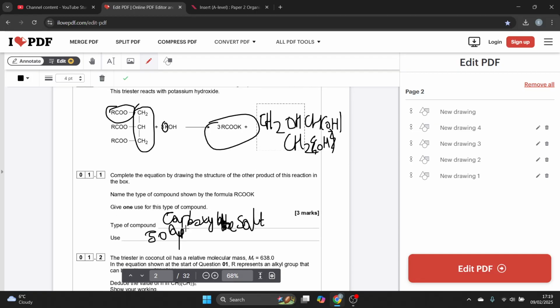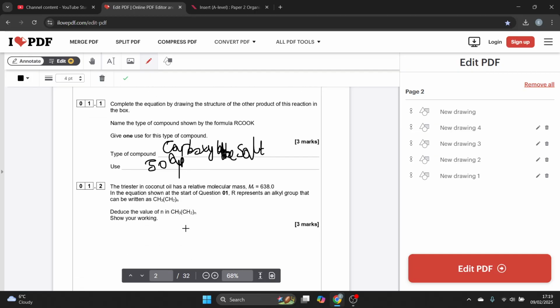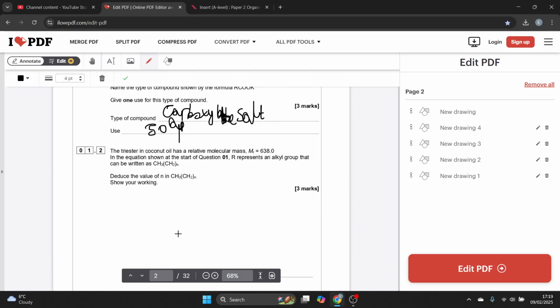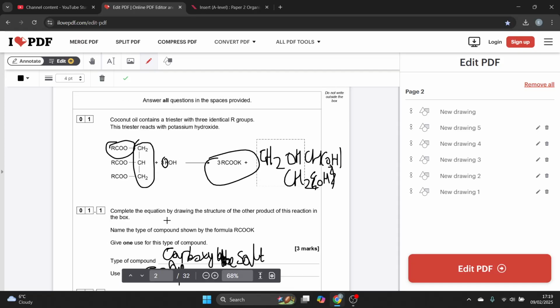The triester in coconut oil has an MR of 638 in the equation shown at the start of question 1. R represents an alkyl group that can be written as that, with a reduced value of n. So what I would do first is find out the MR of all of this.